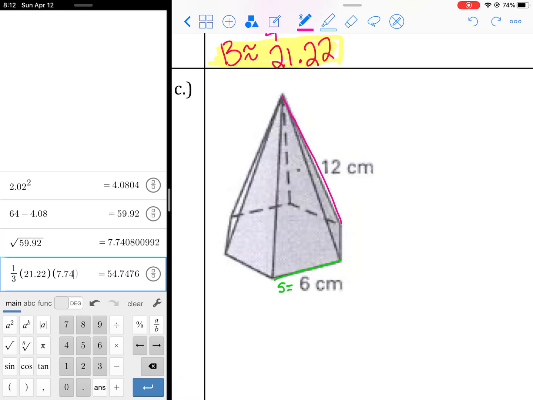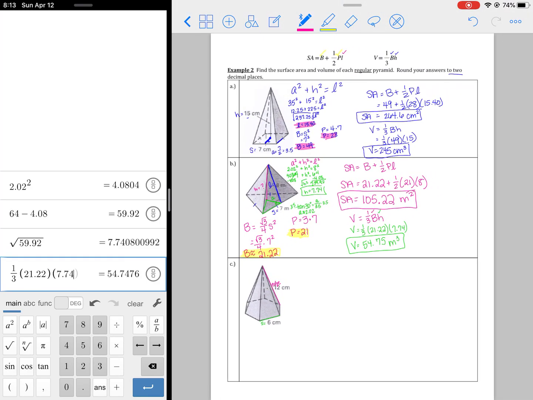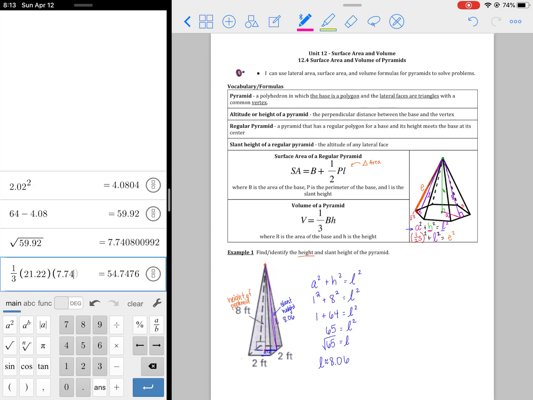So for this one, we don't have our height or our slant height because this is an edge length. So if I need to find my slant height and my height, I need to go back to that Pythagorean theorem.